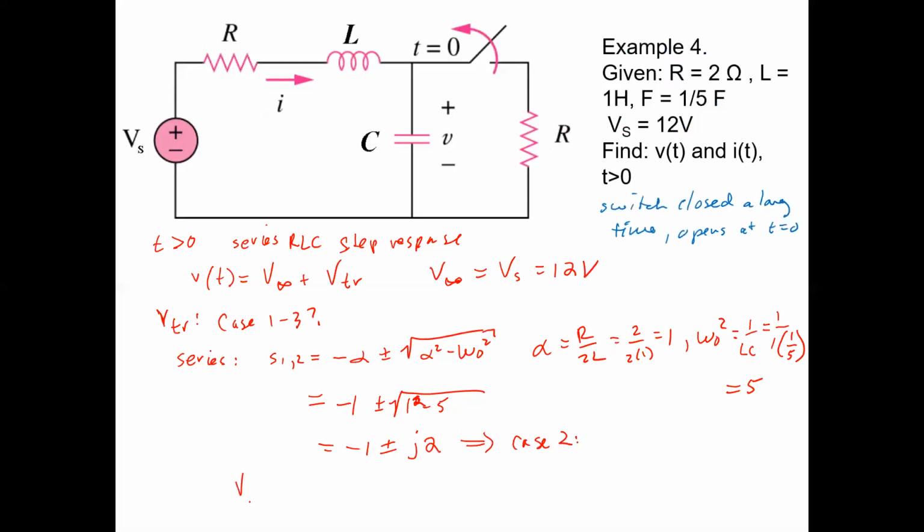So our V transient, you're just looking at that transient part, is going to be e to the -1t times A1 cosine of 2t.